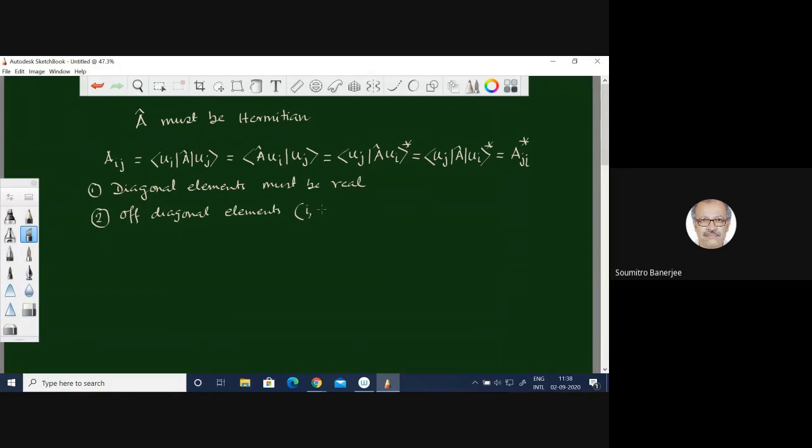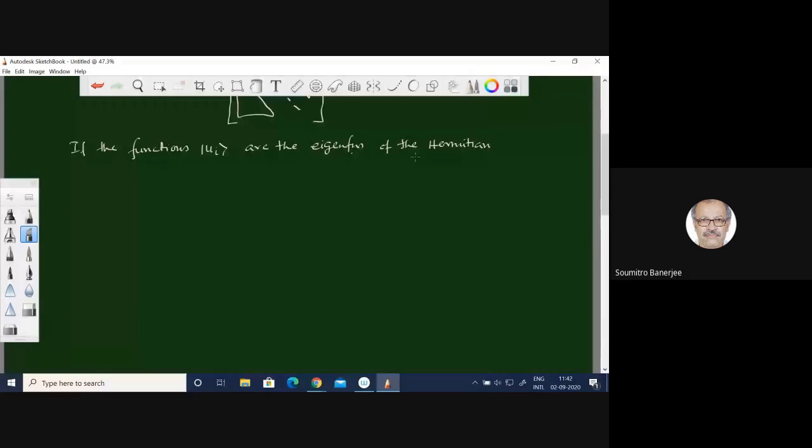They are complex conjugates. Okay, so the ui are the eigenfunctions of the Hermitian operator A.